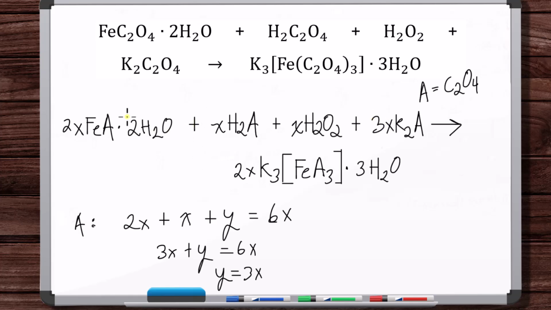Okay, so set x equal to 1, and we've got 2, 3, or no, is that right? No, so this is 3 here and then 2 here. And that's the balanced equation.